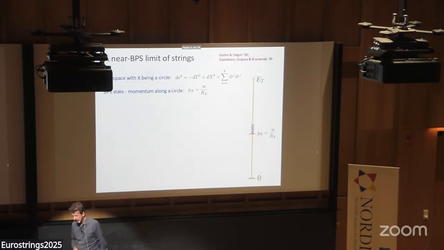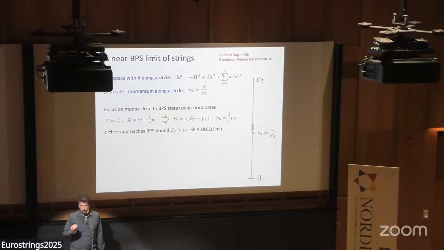A way to approach non-relativistic quantum gravity is to consider certain BPS modes in string theory. This might seem surprising if you haven't thought about this, but you can start with basically just flat space, but with a circle, and then you could take a BPS state corresponding to momentum along that circle.